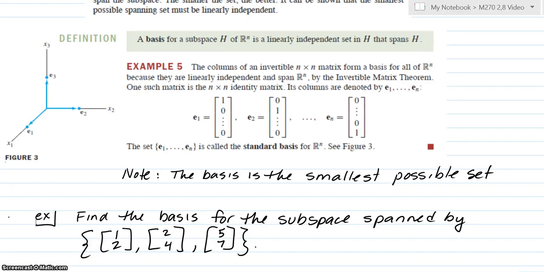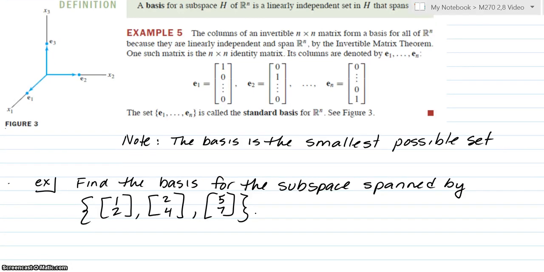Let's look at this example. Find the basis for the subspace spanned by these three vectors. We know that this set is dependent, so the basis would be just these two. I can clearly see here that the second is a multiple of the first, and so we don't need both of those.